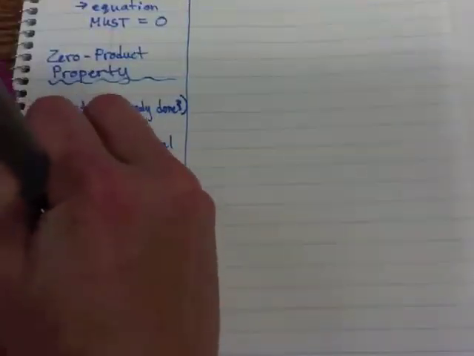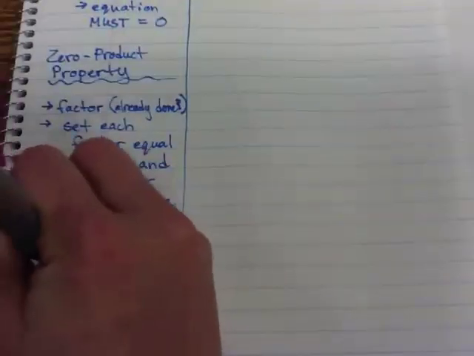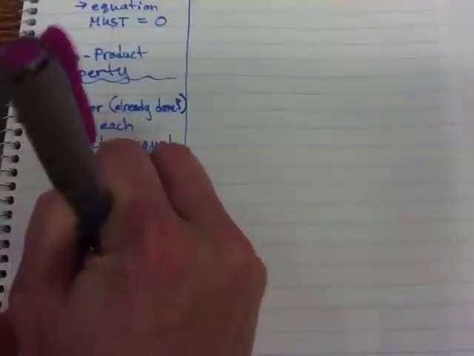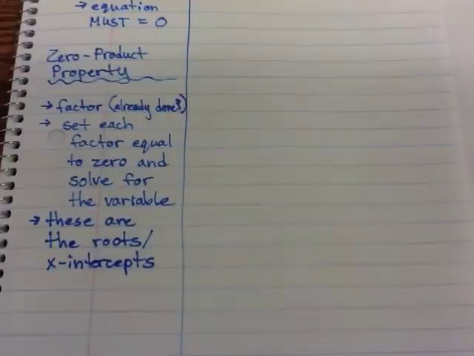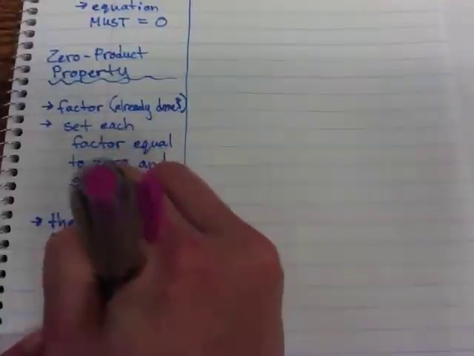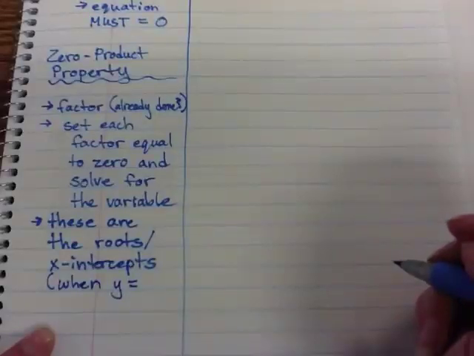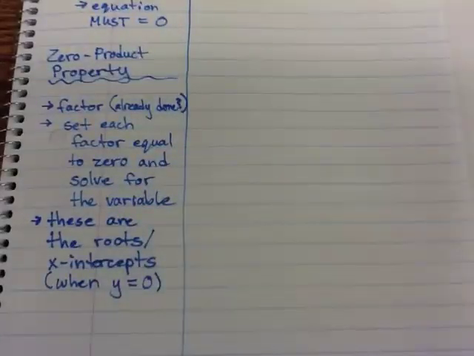Okay, so once you've solved, those are all the things you found. So these are the roots, slash x-intercepts, and we could keep going, zeros. And remember, they're the roots because it's when y equals what? 0. Because it's on the x-axis.